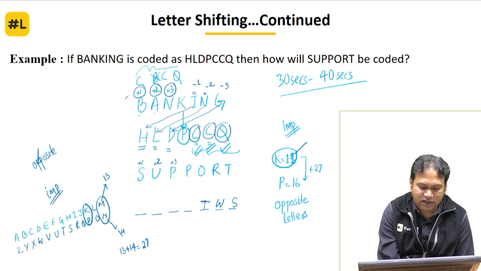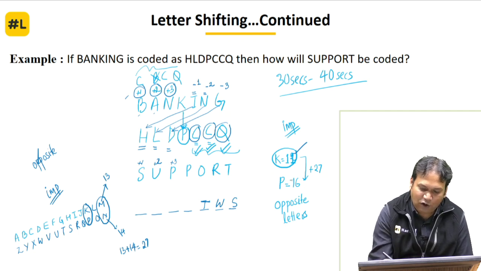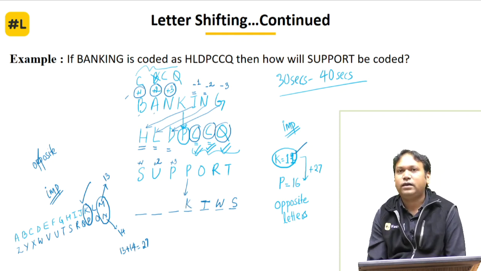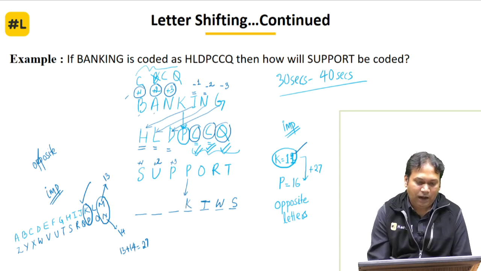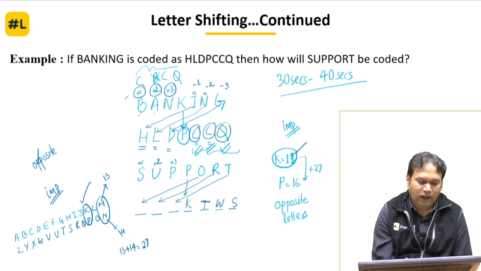So, what do we get here? The last 3 positions, T, W, S. K and P are opposite, already we know that. So, P opposite will be K. Now, these 3 will go here, O, R and T. What are we doing here?